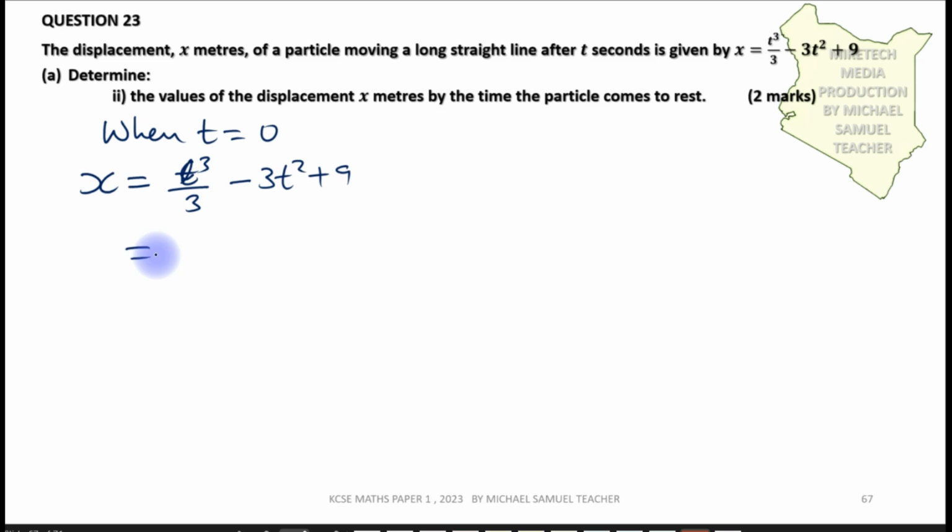So when t is 0, that is 0 cubed over 3 minus 3 times 0, so that is 9 meters.